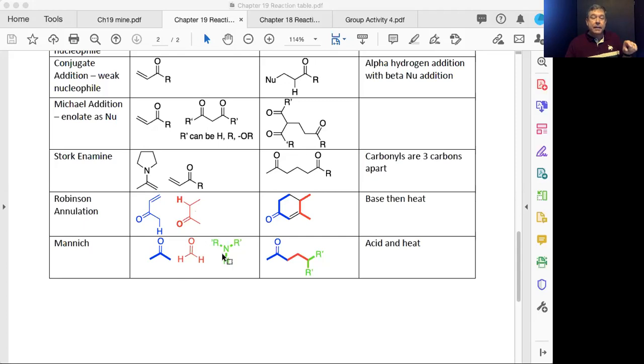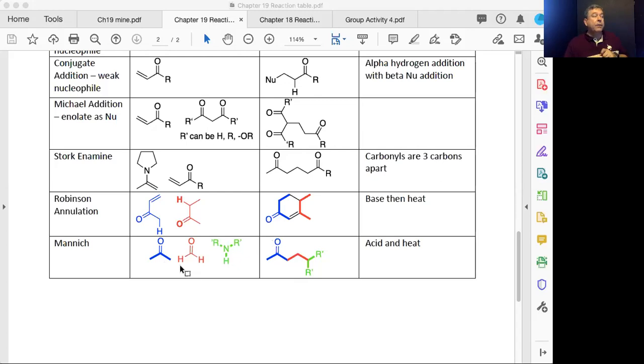That is then attacked by the enolate made by the alpha hydrogen here. This carbon is from formaldehyde, this nitrogen is from our amine, and the remaining carbons are from our initial ketone.